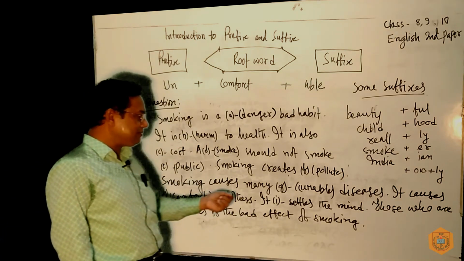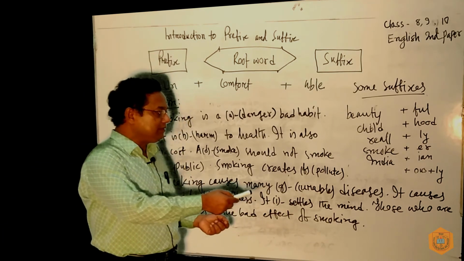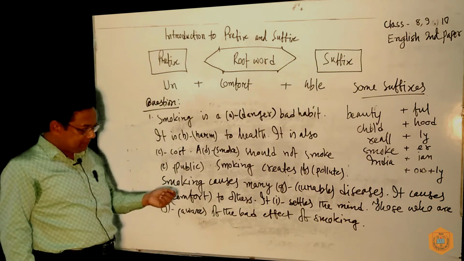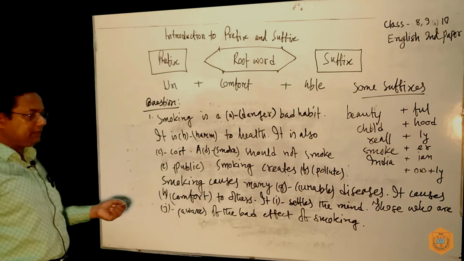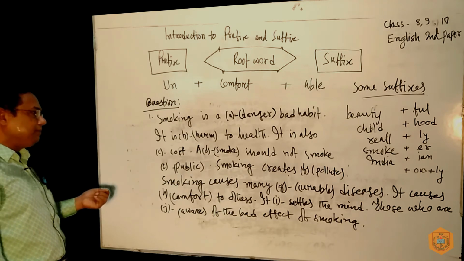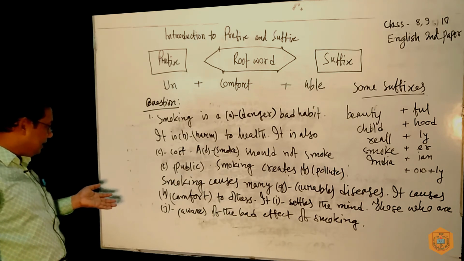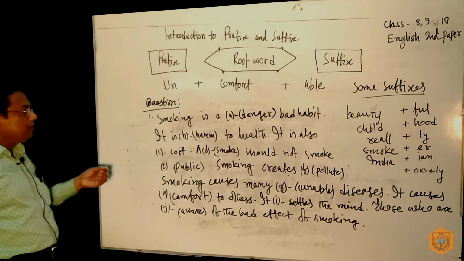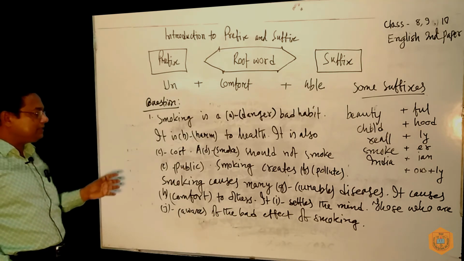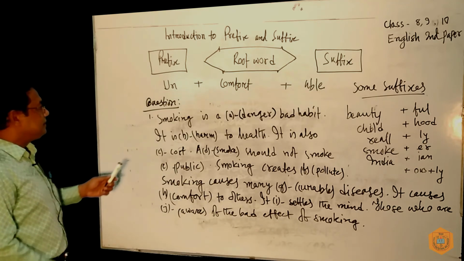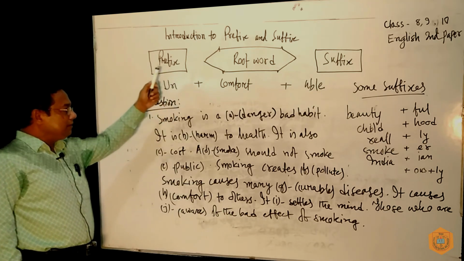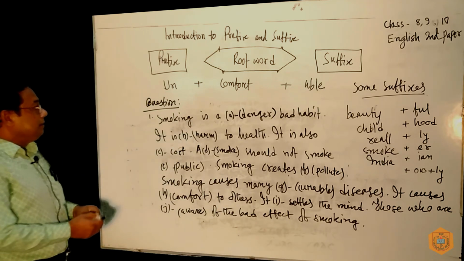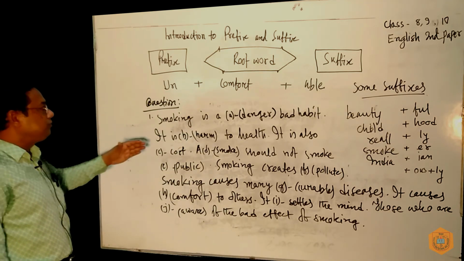It unsettles the mind. Those who are aware of the bad effect of smoking, we shall say those who are unaware of the bad effect of smoking. In our answer scripts, we have to write just the answer, like using A, B, C, not whole passages.